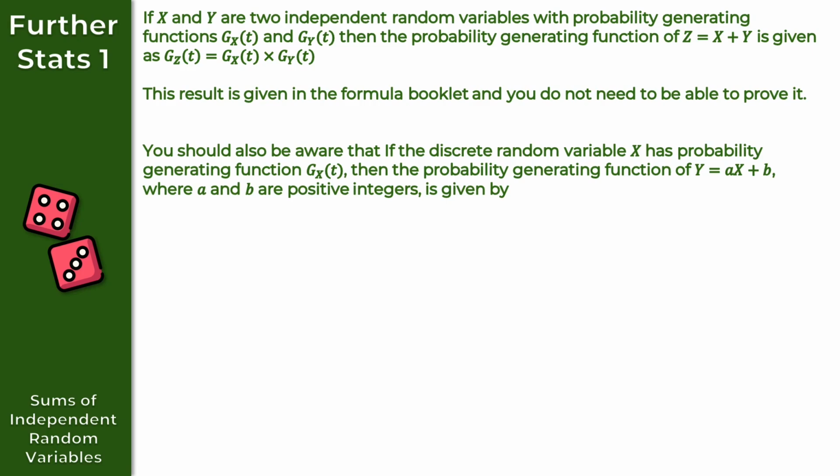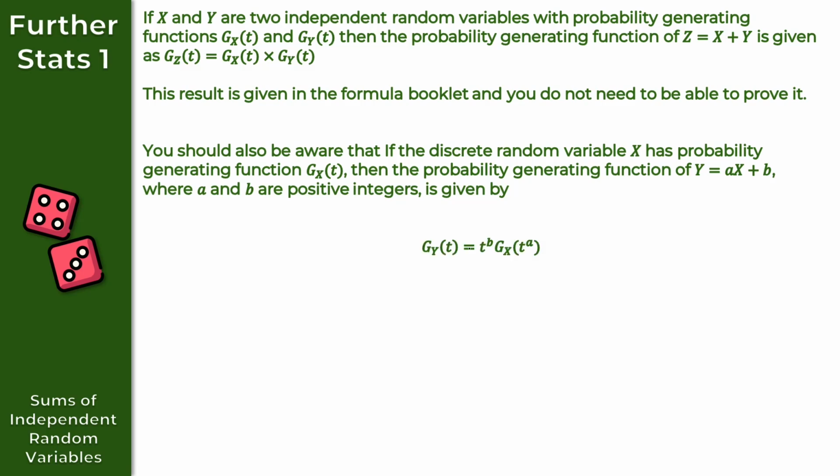Now you should also be aware that if the discrete random variable x has probability generating function g of x in terms of t, then the probability generating function of y, which is equal to ax plus b, where a and b are positive integers, is given as follows.